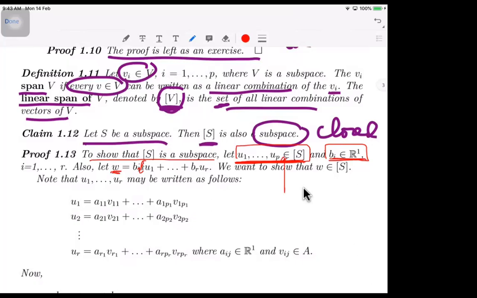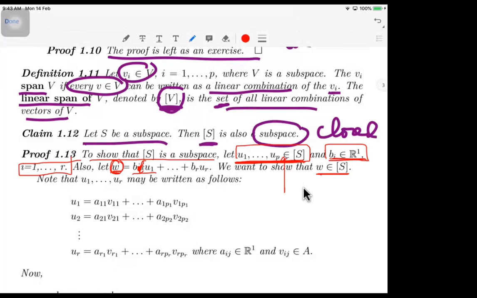So you have b1 u1 to bR uR, i from 1 to R. What you want to do is show that this vector W must be in the span, no?